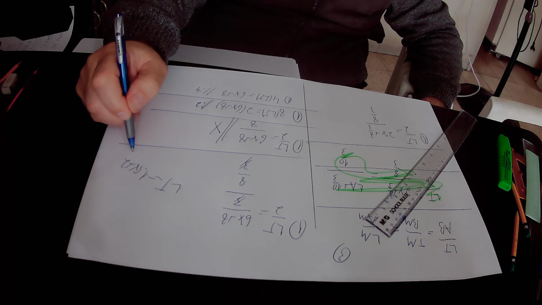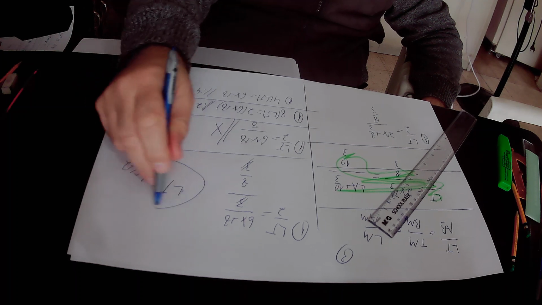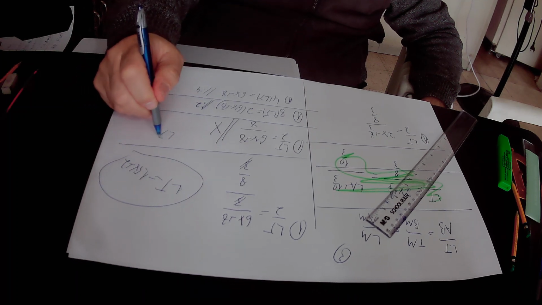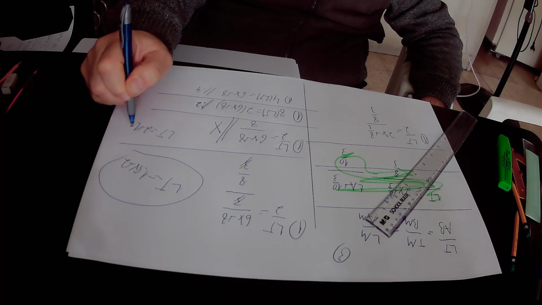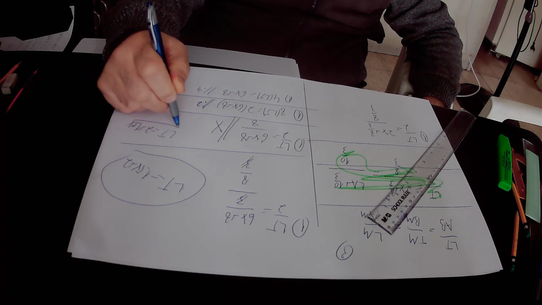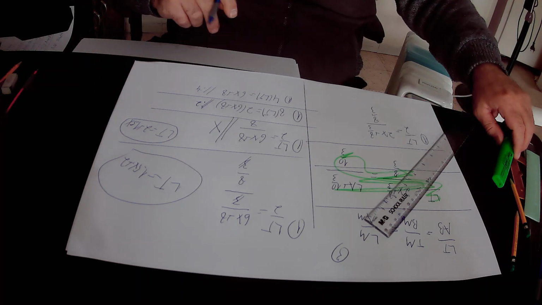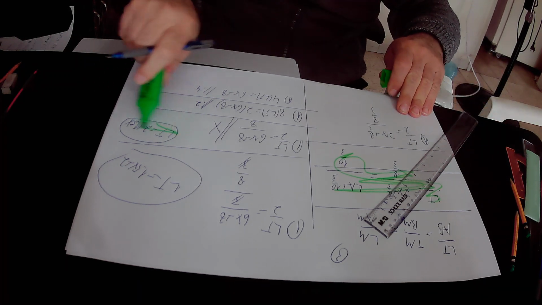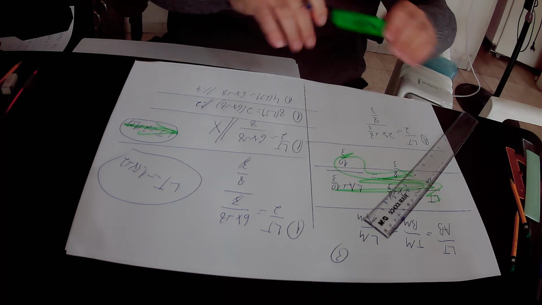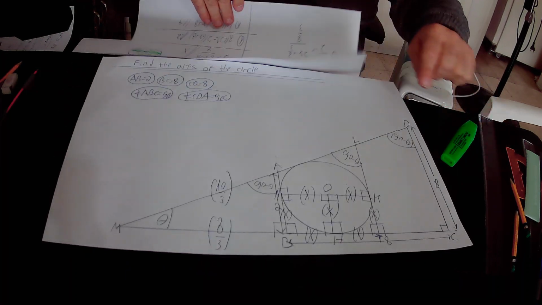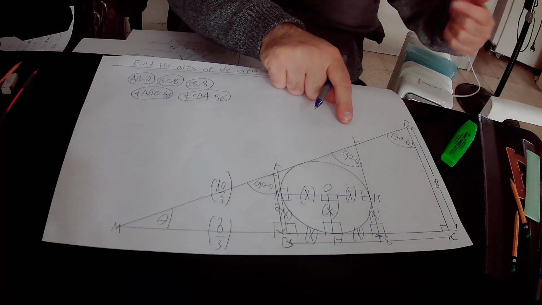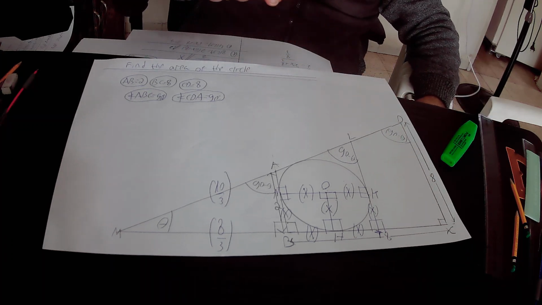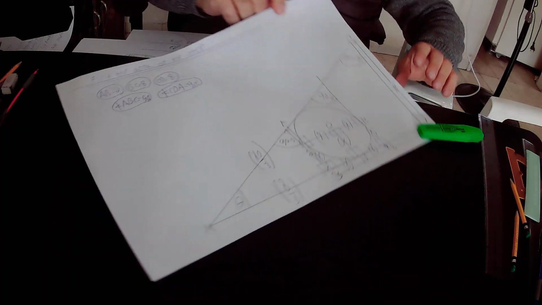So in conclusion, LT equals 2 plus 1.5x. This line segment LT equals 2 plus 1.5x.